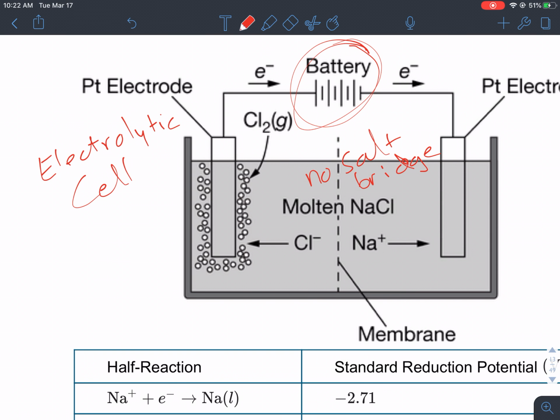There's an external power source. This must be an electrolytic cell, meaning that your E cell is negative. And if your E cell is negative, your delta G is positive. It is not spontaneous. This is a guaranteed fact, all stemming from delta G equals negative nFE.